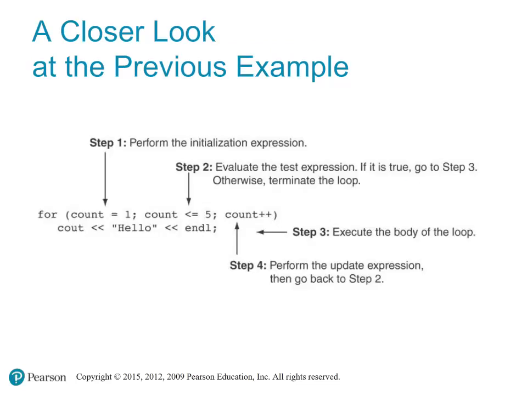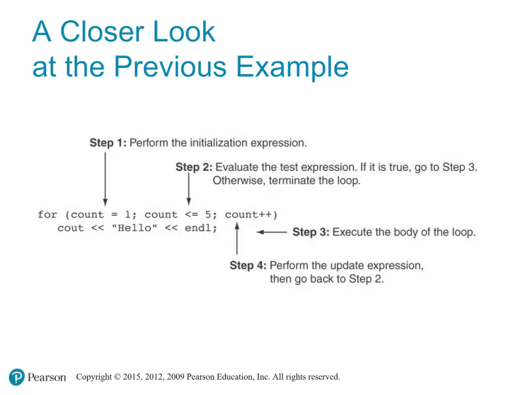So in step 1, you perform the initialization expression, which is count = 1. Then in step 2, you evaluate the test expression. If it is true, you go to step 3. Otherwise, terminate the loop.